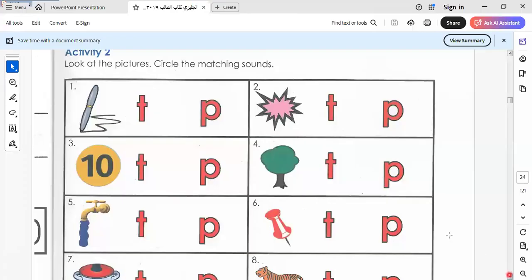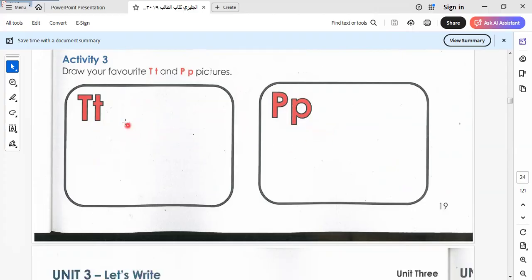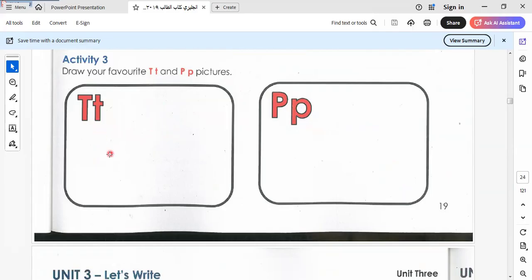Let's continue the rest of our exercise. In this part, draw your favorite T and P. You can draw a picture related to the letter T and a picture related to the letter P. For example, which pictures are related to letter T?